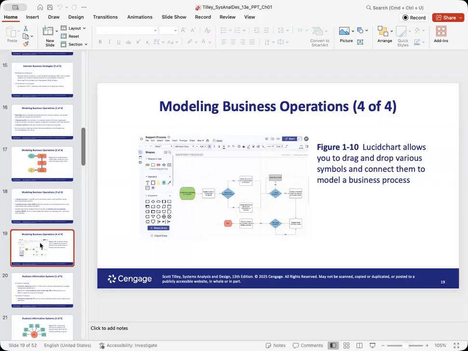You can even use PowerPoint to design some of these charts or graphical representations to demonstrate how your system is supposed to operate.